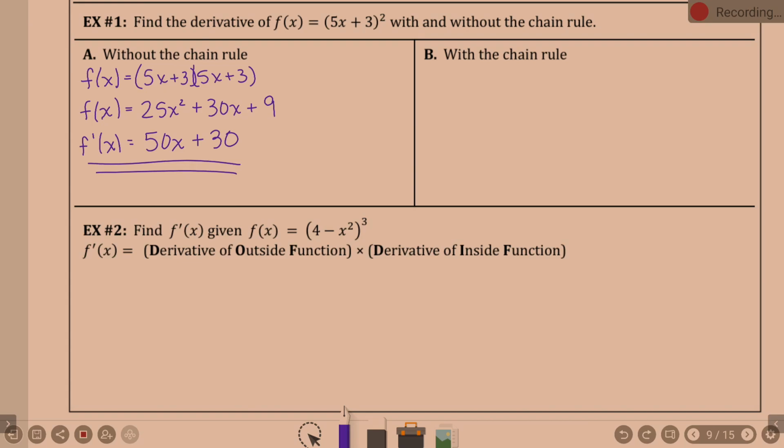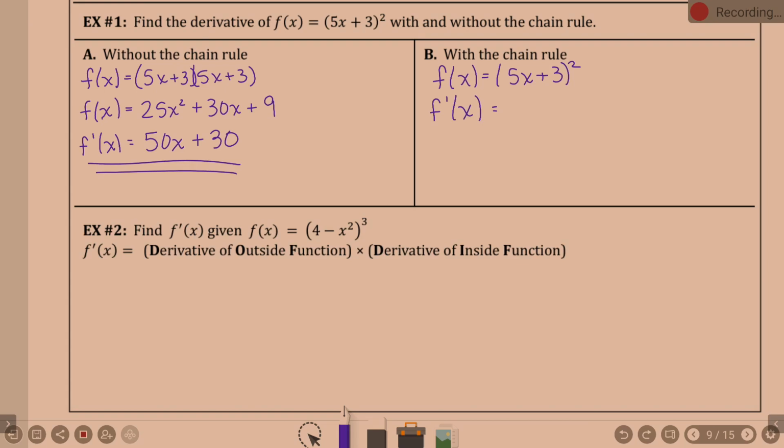Here's the deal. We have the chain rule as an option on this one. There are some scenarios where the chain rule is not an option, it's required. So it can't just be that I'll always go back and use the old methods. It won't always work. This is just one of those scenarios where it does. So now, with the chain rule, let me write our original function: f of x equals 5x plus 3 raised to the second.